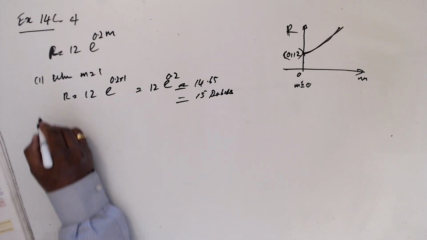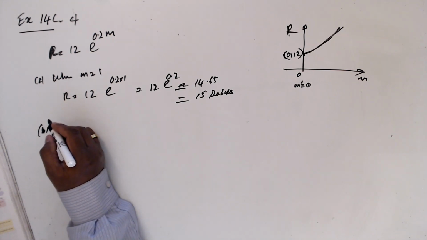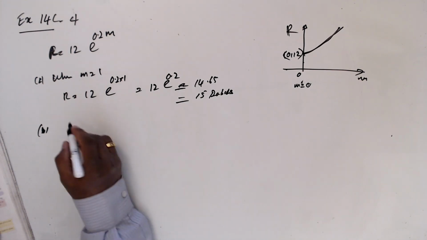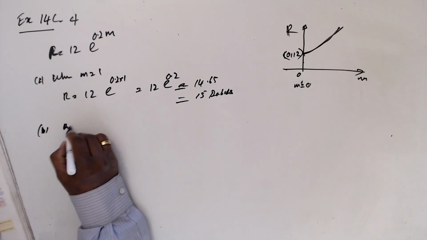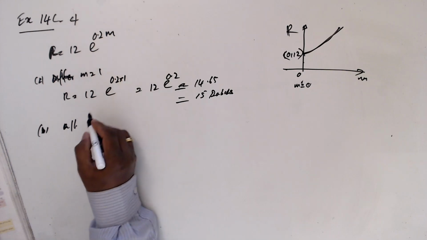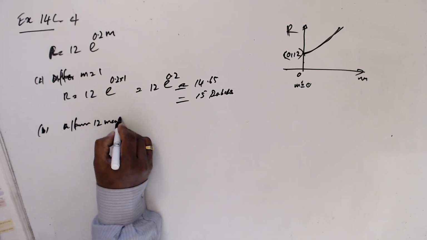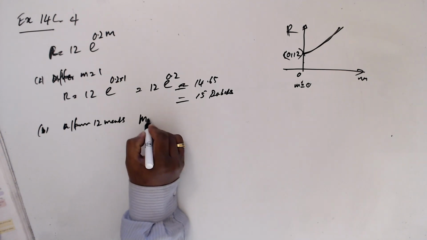And part B, I think, after 1 year. 1 year means 12 months. Yeah, this is after, not when, after 1 month. After 12 months, 1 year. So M equals 12.